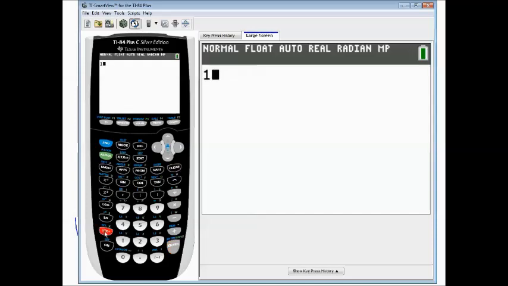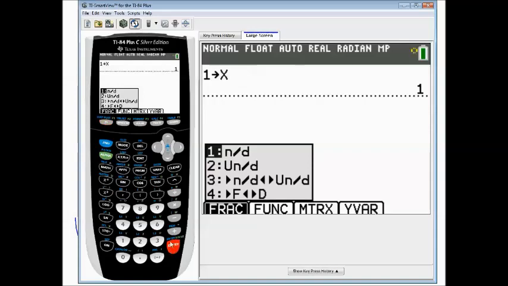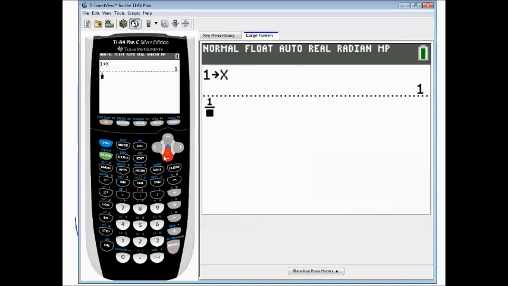So I have 1 store as x, and I have 1/2 store as y, alpha 1. There's my y.